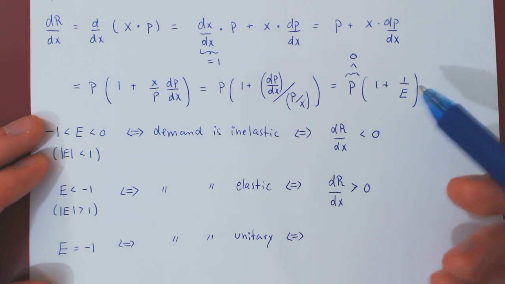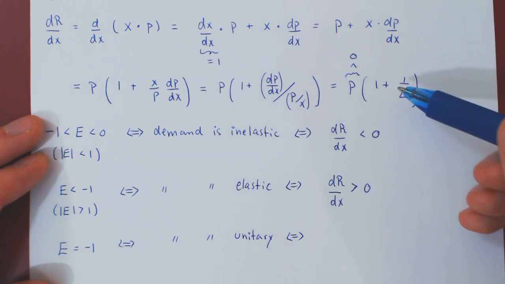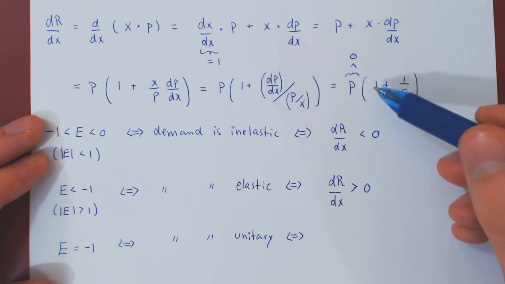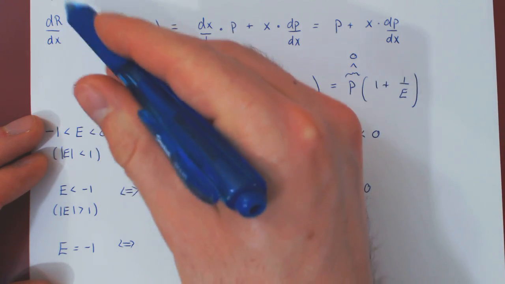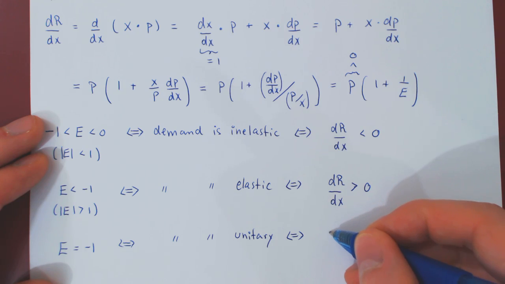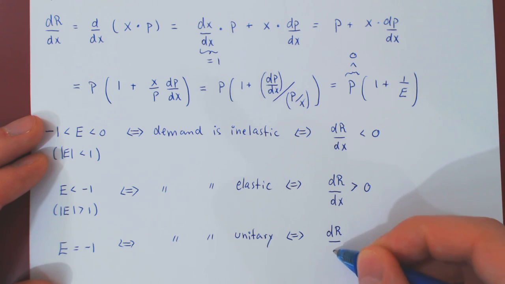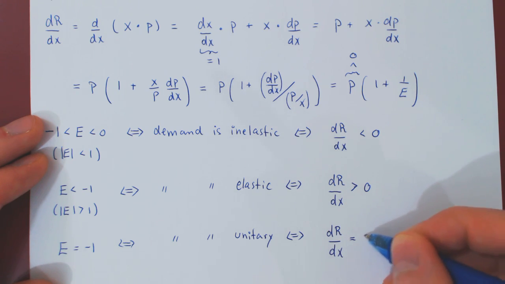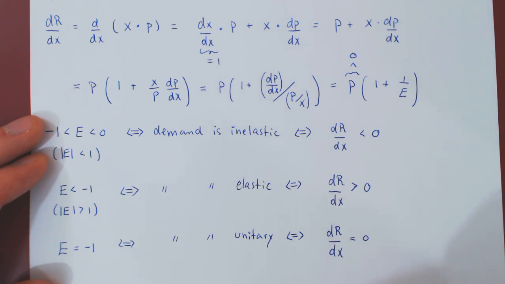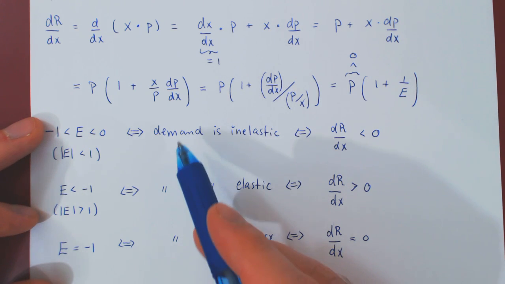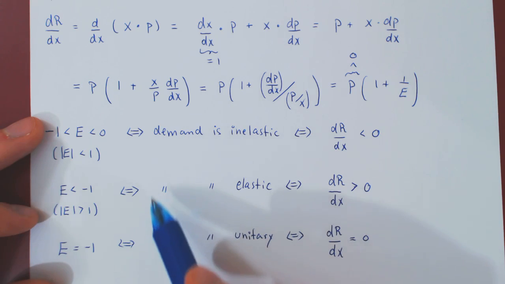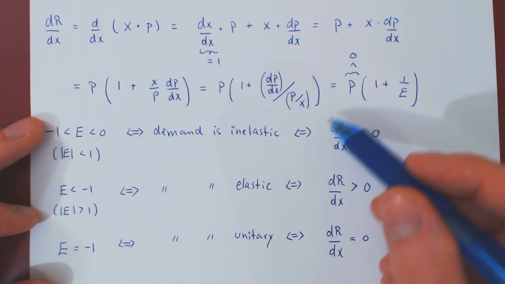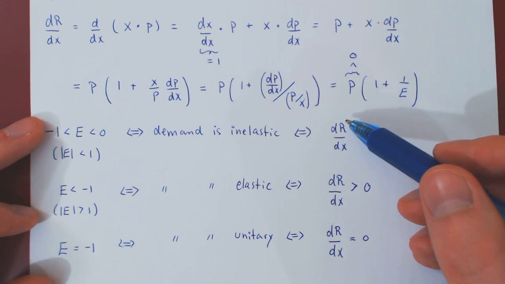And this one is the simplest one. If E is -1, 1 over E is -1, plus 1 is 0. And so the marginal revenue function must be equal to 0. And that is the relationship that exists between the price elasticity of demand and the marginal revenue function.